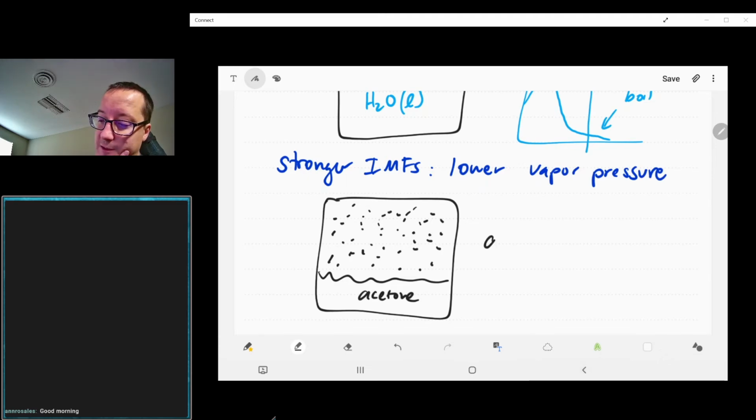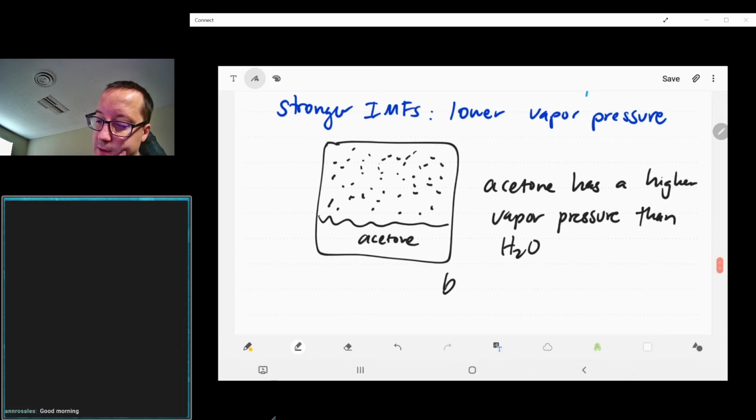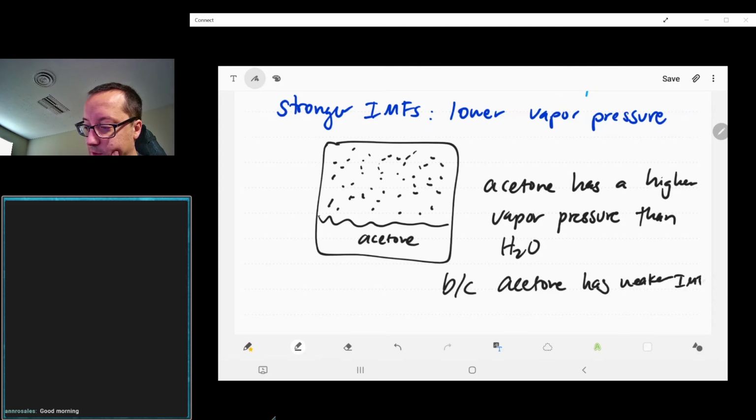And so acetone has a higher vapor pressure than water, because acetone has weaker intermolecular forces. Oh, I was hoping I could put that there.